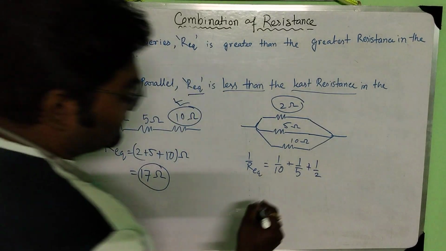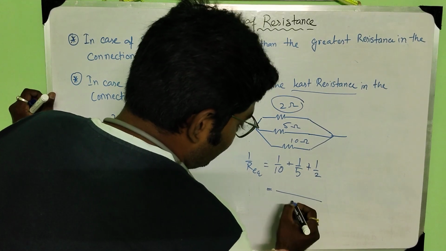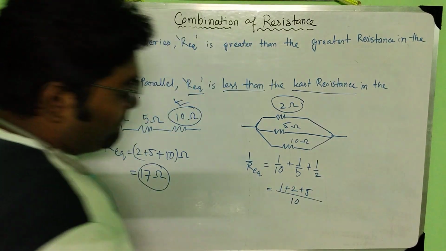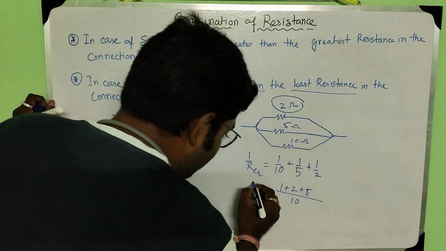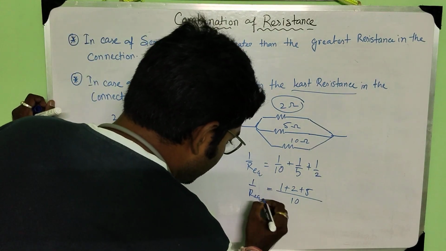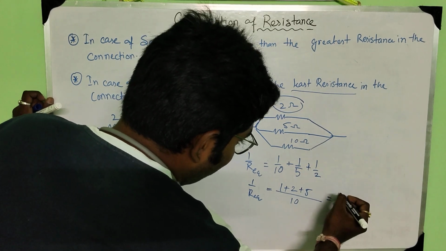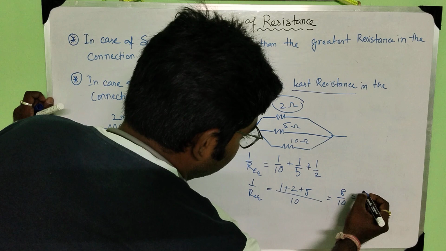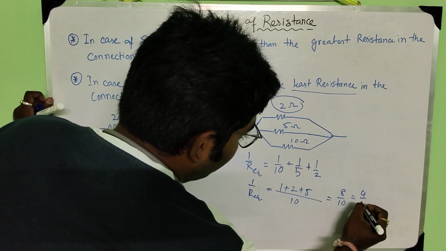We will see what the LCM is. It is 10, so 1 plus 2 plus 5. That means 1 by R equivalent is this much, so it will come as 8 by 10, that means 4 by 5.